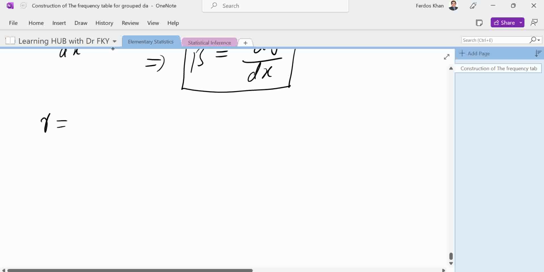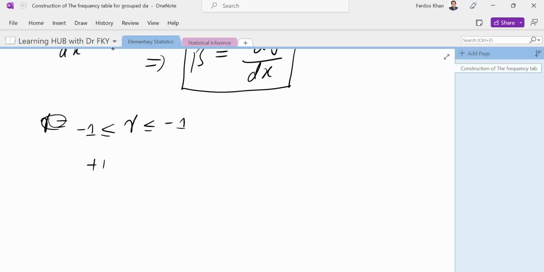This can be whatever. This range, I would like to write. The range of the correlation coefficient is from -1 to +1, where +1 and -1 have their own meaning.